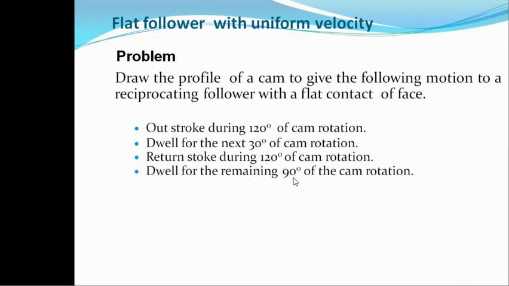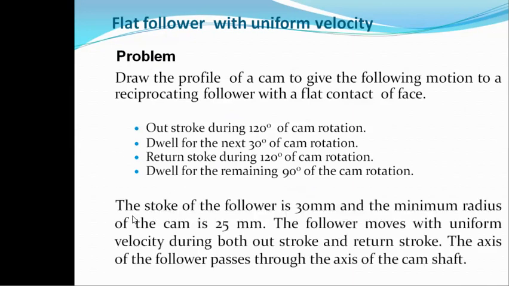Dwell for the remaining 90 degrees of cam rotation. And the stroke of the follower is 30 mm and the minimum radius of the cam is 25 mm. The follower moves with uniform velocity during both outstroke and return stroke. The axis of the follower passes through the axis of the cam shaft.